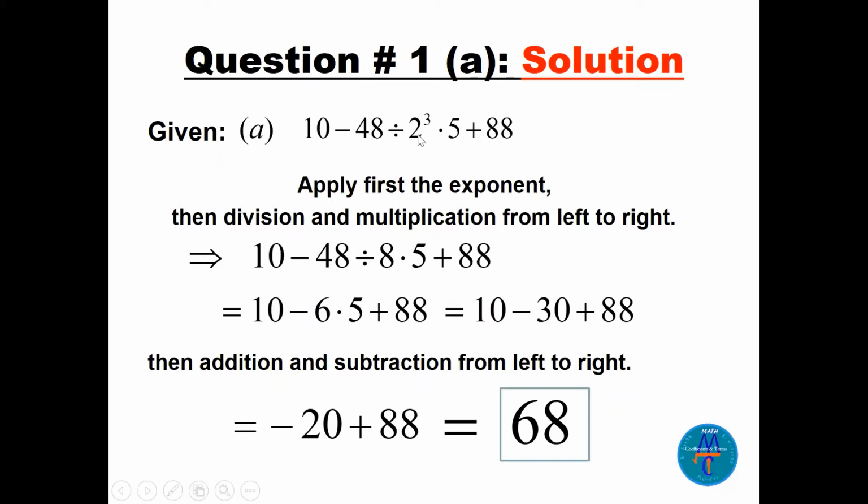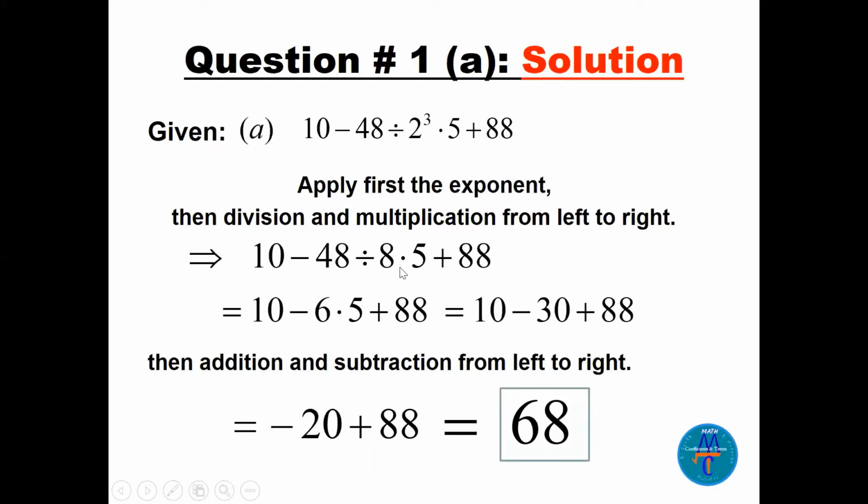I'll apply first the exponent here. 2 cubed is 8. And there's division, multiplication, addition, and subtraction. Subtraction I leave, addition I leave. After the power, I have division and multiplication.